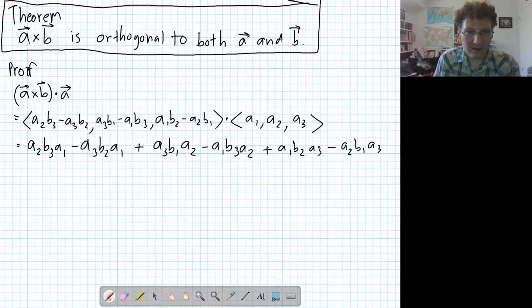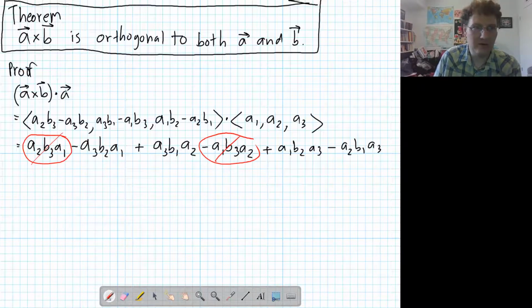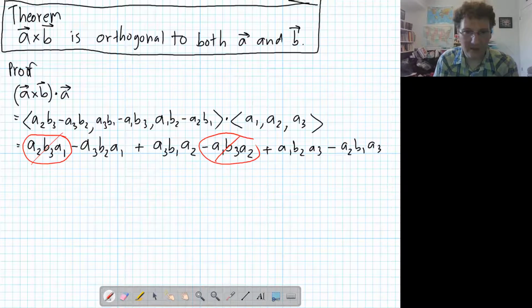So what do we have? A2 B3 A1, and let's see if there's another A2 B3 A1. That's here and here, right? Those are going to cancel. I'm going to do the next canceling in green: we have A3 B2 A1, and then A3 B2 A1 over here. Those cancel.